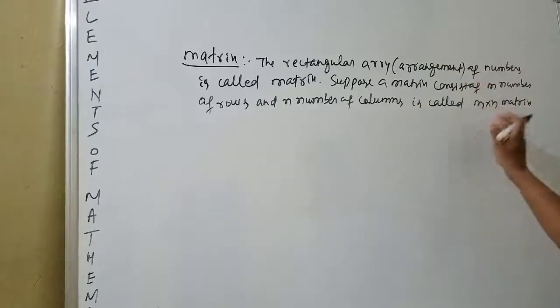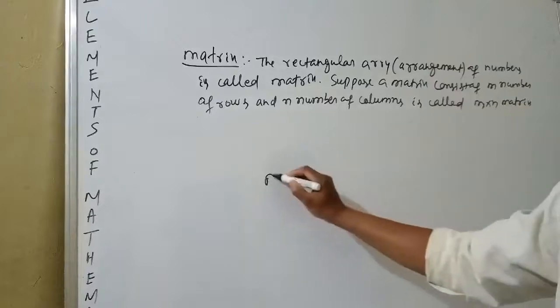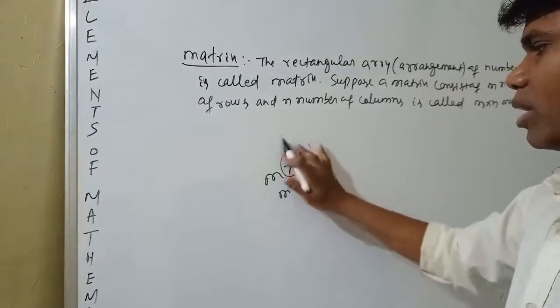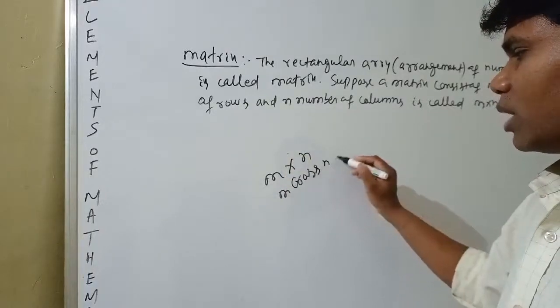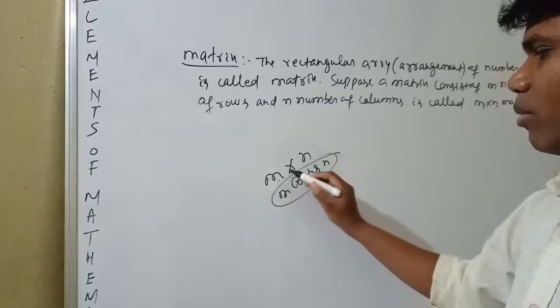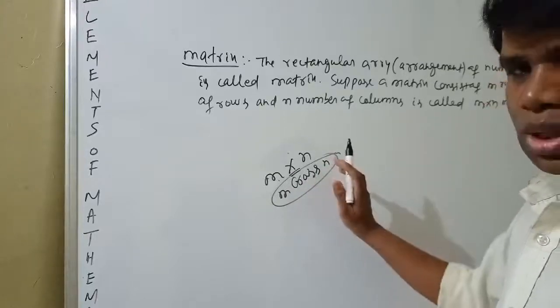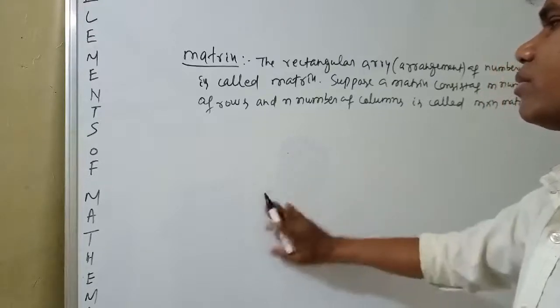You see, we have to read it as m cross n. Not multiplication, not product, just read m cross n.